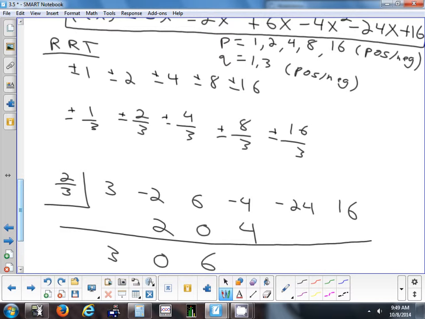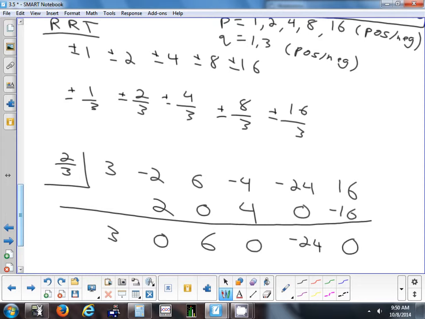This really helps us. -4 plus 4 is 0. 0 times 2/3 is 0. -24 plus 0 is -24. Okay, -24 times 2 is -48. And what's -48 divided by 3? -16. Okay, so I proved to you 2/3 is a root. You get remainder 0.